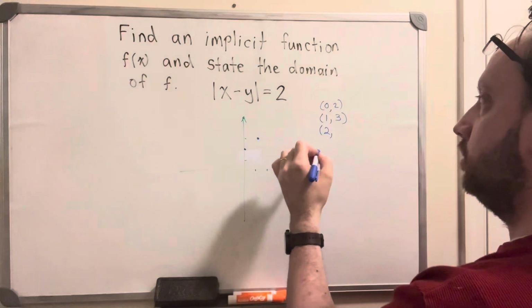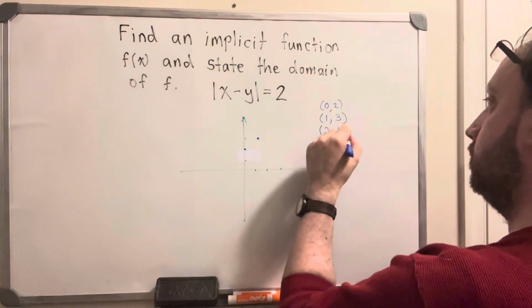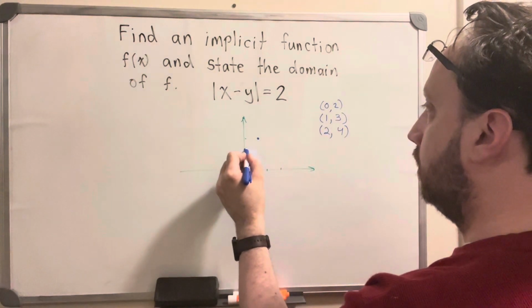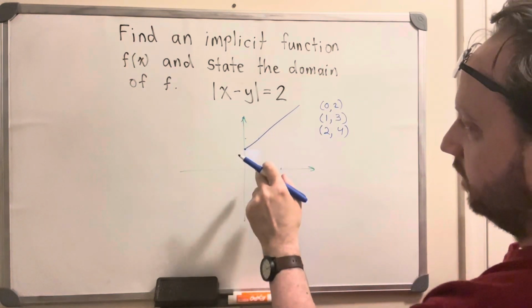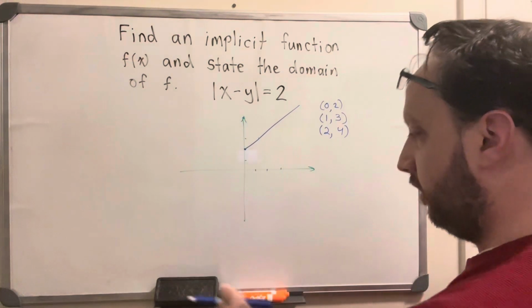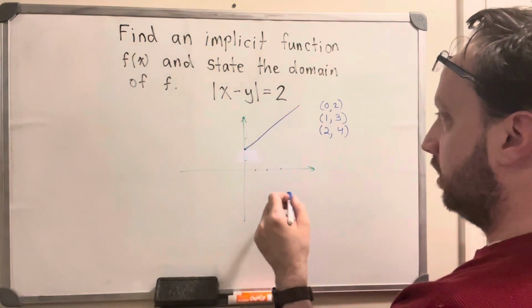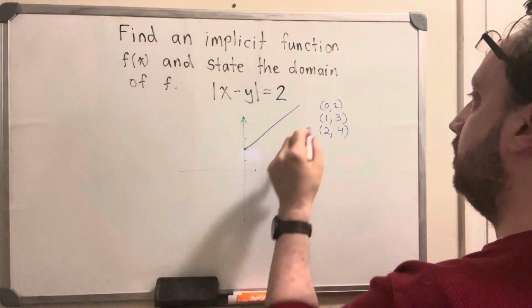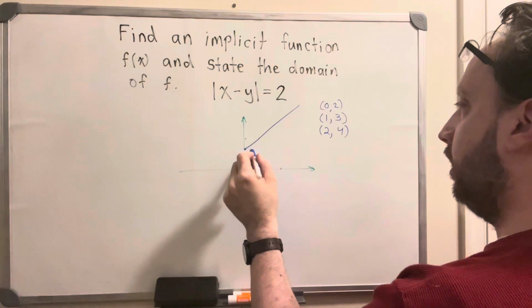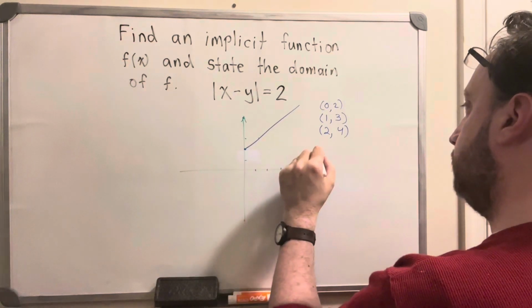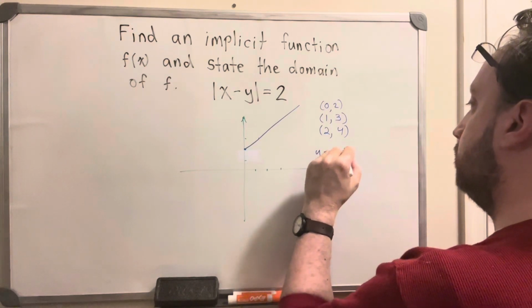And 2 minus 4. This function is a line. What about for negative values? What is the equation of this line? 0, 2, 1, 3, 2, 4. It appears to have slope of 1 and y-intercept of 2. So you could say y equals x plus 2.